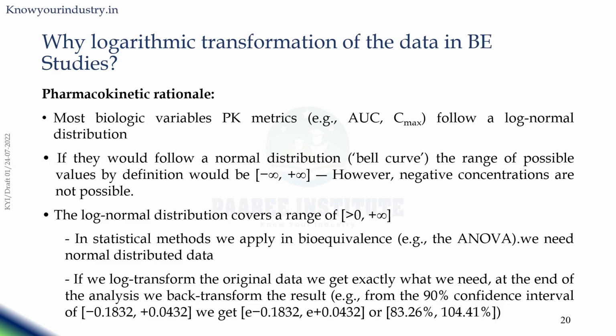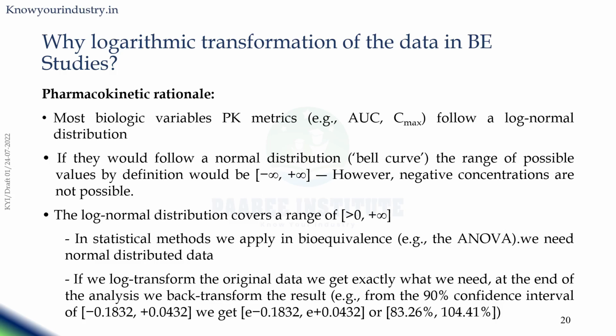In the statistical methods we apply in bioequivalence, we need normally distributed data. If we log transform the original data, we get exactly what we need, and at the end of the analysis, we back transform the result. That is, the 90% confidence interval of minus delta value, that is 0.1832 and plus 0.0432.